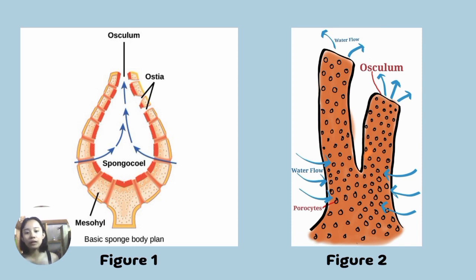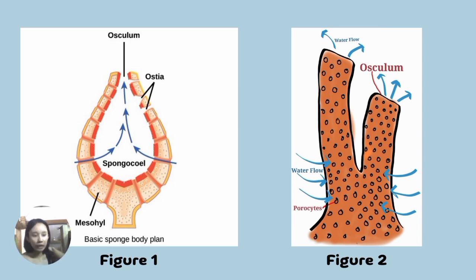So, this is another example of sponge. So, this is the spongocoel. As you can see, dyan nagsisirculate yung mga water na nag-enter to the porocytes. Tapos, lalabas siya sa may osculum.